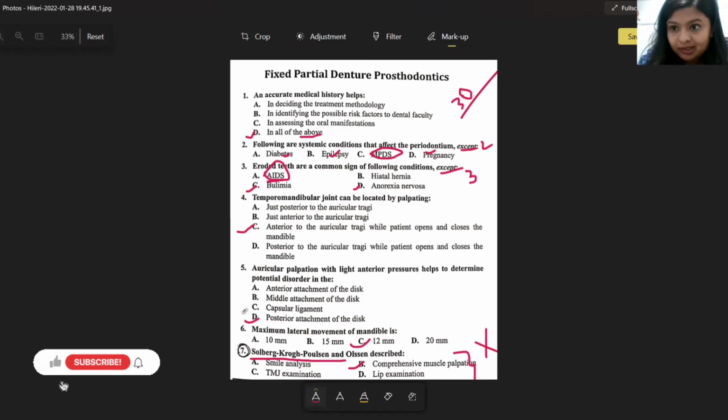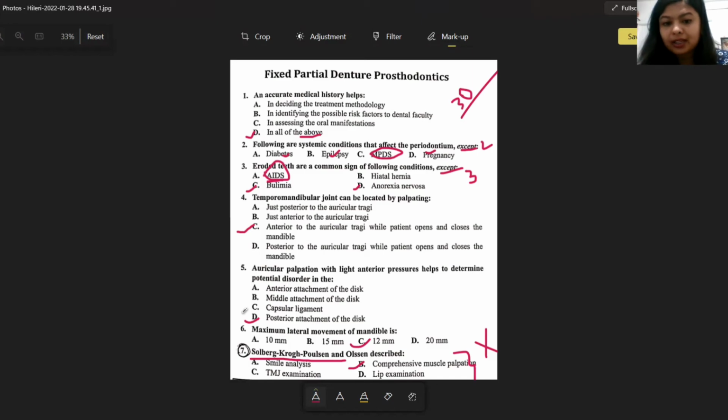Take calculated risk. I'm not saying that do not take risk at all. Okay, attempt भी आपको अच्छा करना है. So take calculated risk, but ऐसा नहीं कि in every other question you are taking a risk, like कि हाँ जैसे ये MCQ था 10, 15, 12, 20, maybe 20, maybe 15, and you are just attempting it. So here there are huge chances that you are losing your marks.